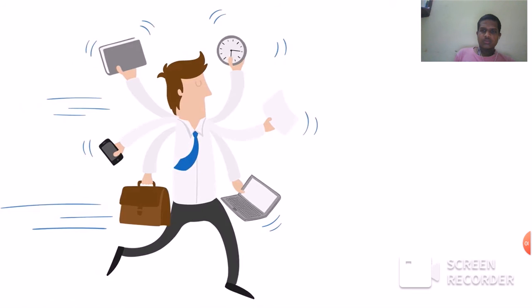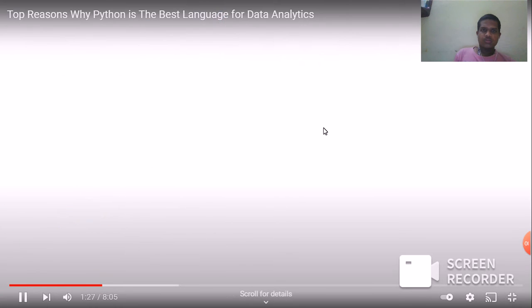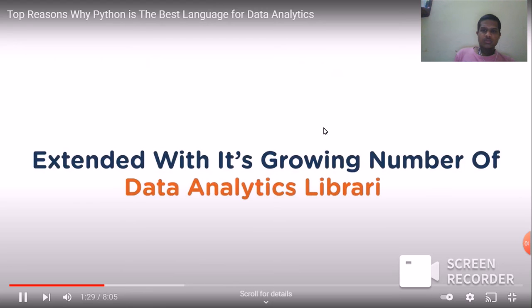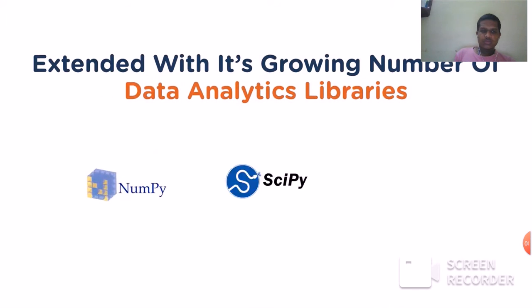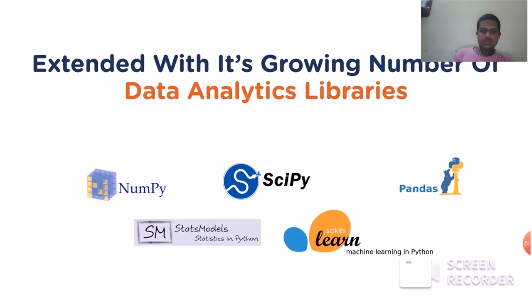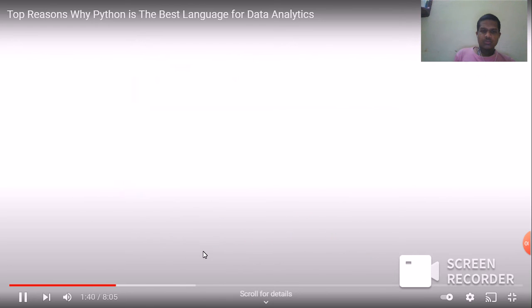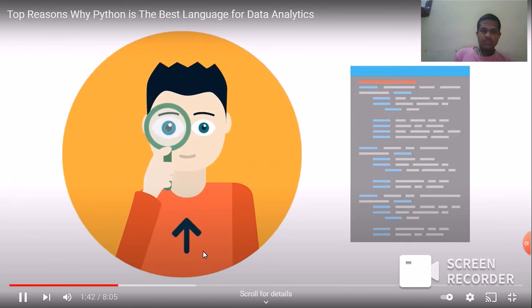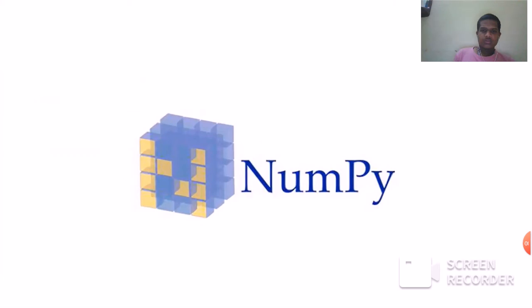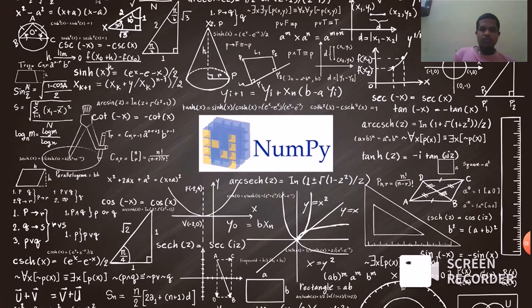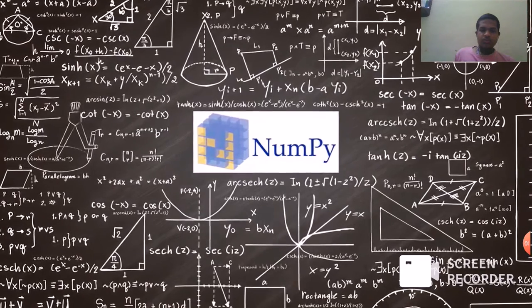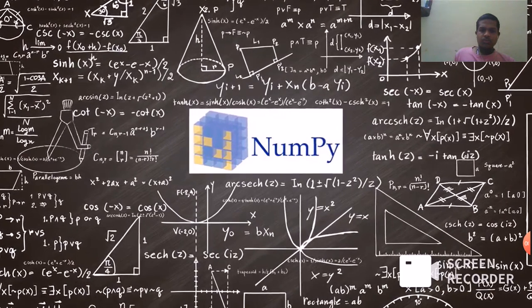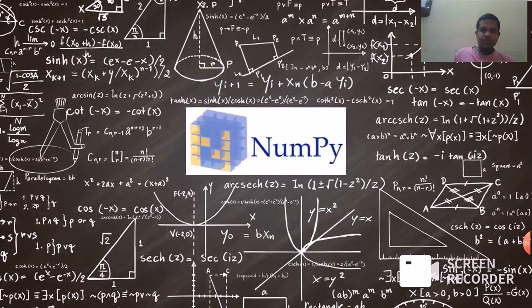The capability of Python has been extended with its growing number of data analytics libraries such as NumPy, SciPy, Pandas, Stats Models, and Scikit-Learn. These libraries come with respective benefits. NumPy is used for fast mathematical operations such as performing matrix multiplications and many other mathematical functions for computations on arrays of any dimension.